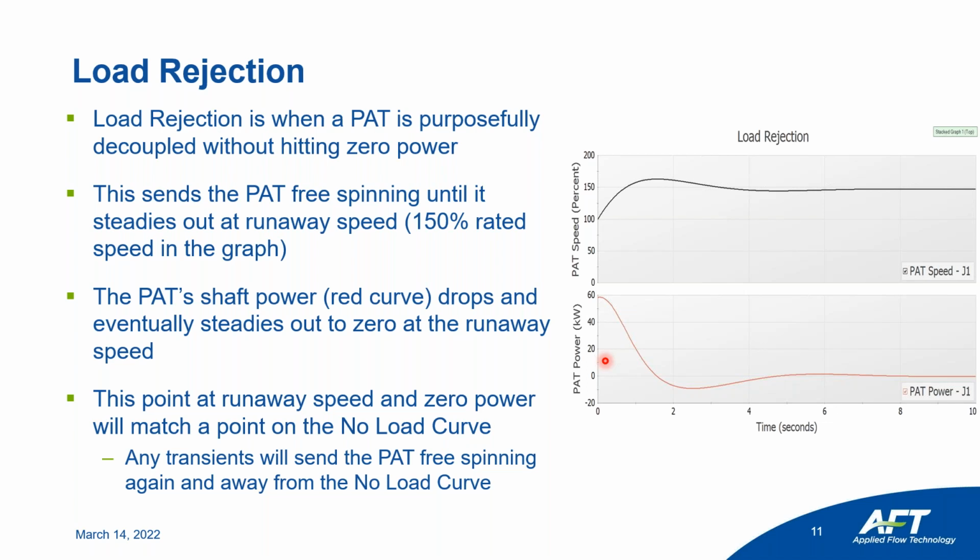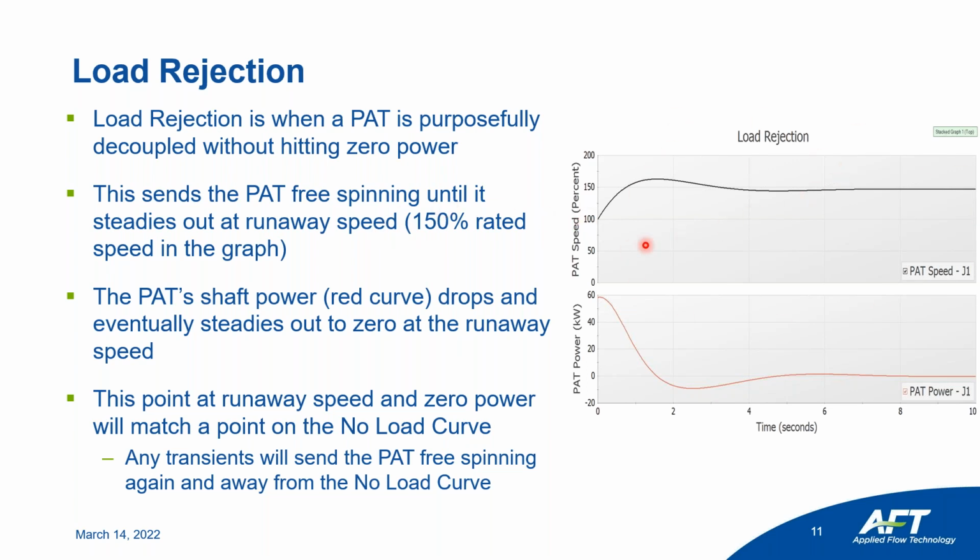You can use Fathom or Impulse to model a load rejection where you can see the power is not hitting 0 yet, but you're decoupling. And the PAT will enter that free spinning state and will eventually steady out to a runaway speed given no other transients.